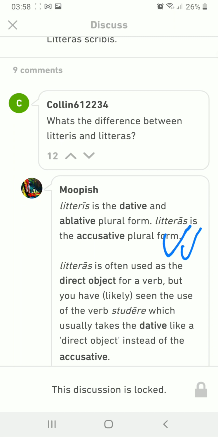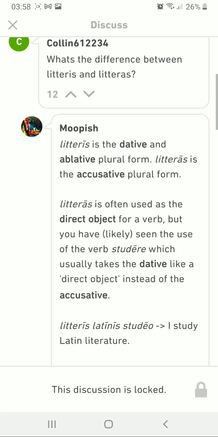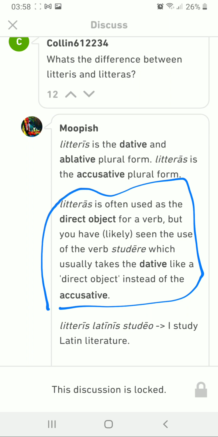If we trust this explanation, literas is often used as the direct object for a verb, but you have likely seen the use of the verb studere, which usually takes a dative like a direct object instead of the accusative. Okay, so this is a big explanation because that's what I was thinking.